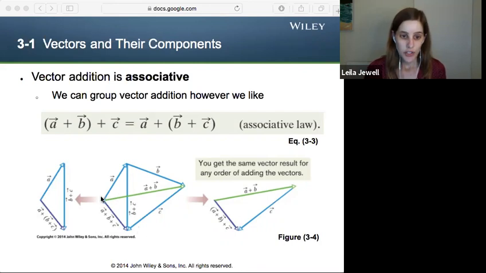But we could also add vector A plus vector B plus vector C, and the resultant would just be this purple A plus B plus C. Or we could add vectors A and B first, which is shown here, and then add the A and B to vector C, and we get the same resultant. Either way, we get this resultant that is shown in purple, no matter which grouping of vector addition we do.